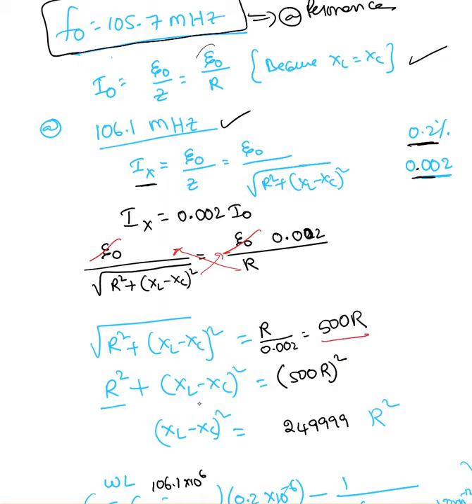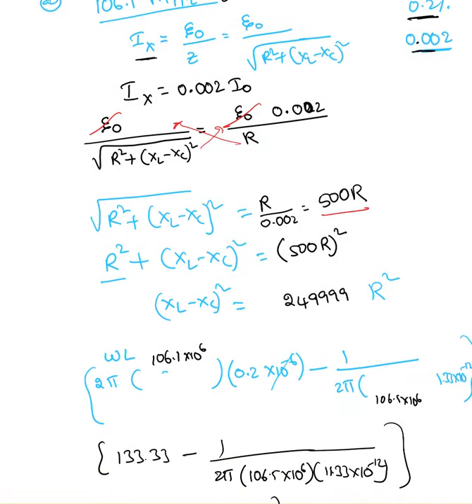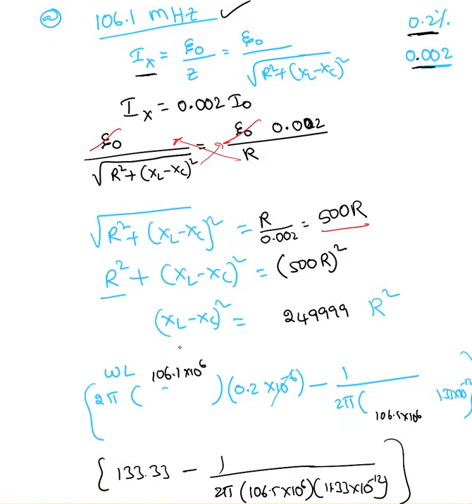Now R squared plus (XL minus XC) squared equals 500 squared R squared. So (XL minus XC) squared equals 500 squared, which is not 25,000, it's 250 thousand, minus 1, so 249,999 R squared.